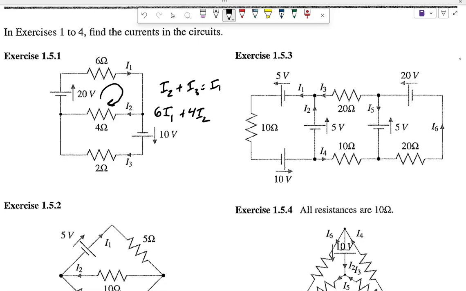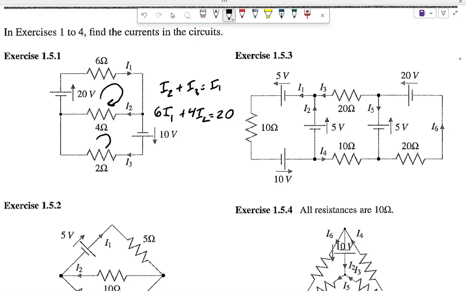Every time you hit a resistor, it'll drop. Okay, that's the idea. I'm not going to go too much into the physics because I just want to get the equations set up. Okay, that has to equal the voltage that came in. 20. Okay. So far, so good?